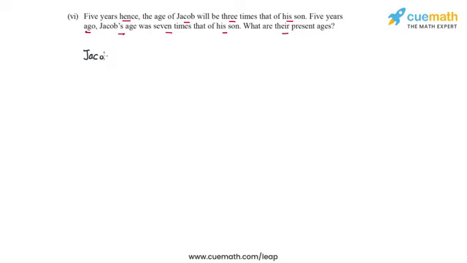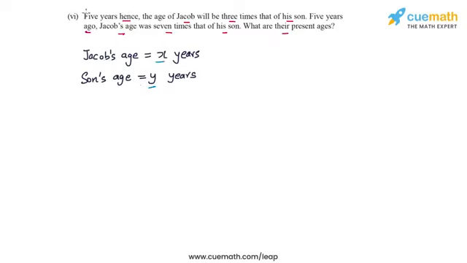So let's assume that Jacob's age is x years, and let's assume that his son's age is y years. So the two unknowns in this situation are x and y, and using the given information we have to set up a pair of linear equations in x and y.